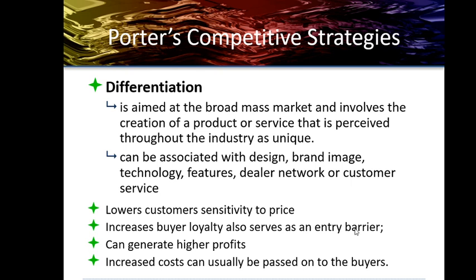As we said a while ago, customer loyalty will increase if they are really loyal to certain brands. Some people, for example, will tell you that they are loyal to iPhone. The others will say, no, I am loyal to, let's say, Samsung, and so on.